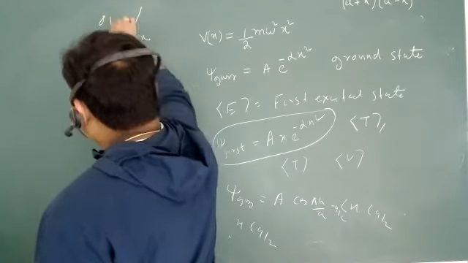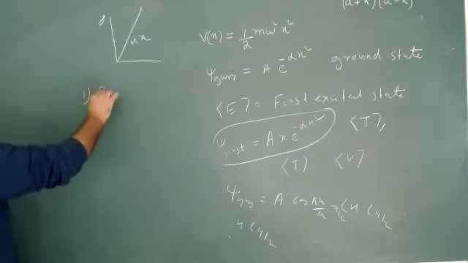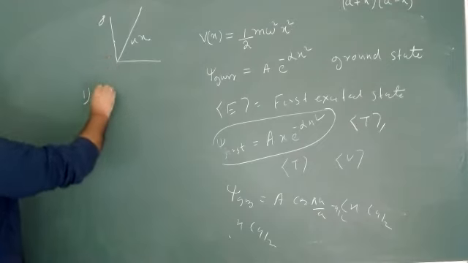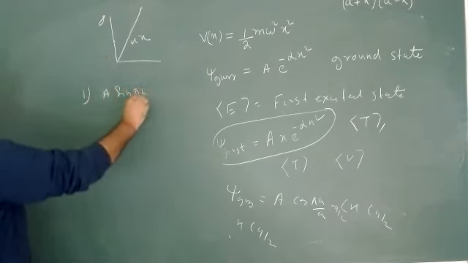So what should be your guess wave function? एक दो guess करो, क्या क्या हो सकता है? Your first guess wave function is, let's say, A sin pi x by a.